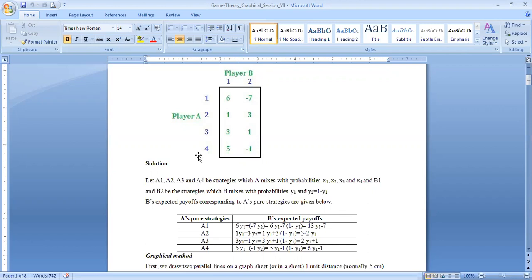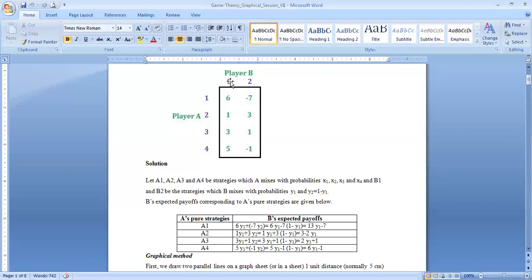Here, let A1, A2, A3, and A4 be the strategies for the player A, and the probability with which the player A plays A1, A2, A3, and A4 is assumed to be x1, x2, x3, and x4. And B1 and B2 are the two strategies which the player B plays, and let y1 be the probability of using the strategy B1, and y2 be the probability of using the strategy B2.